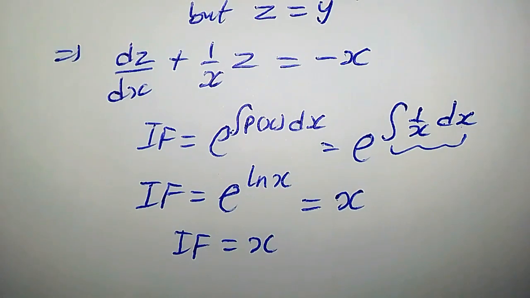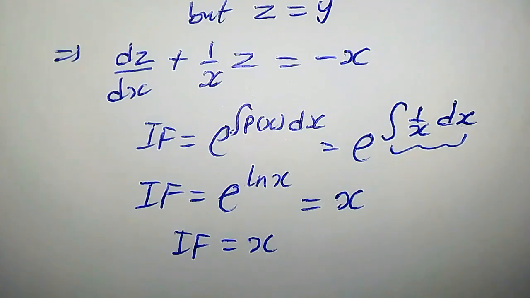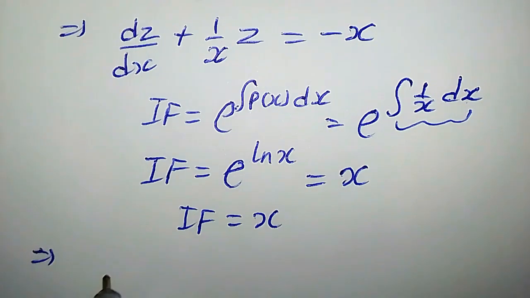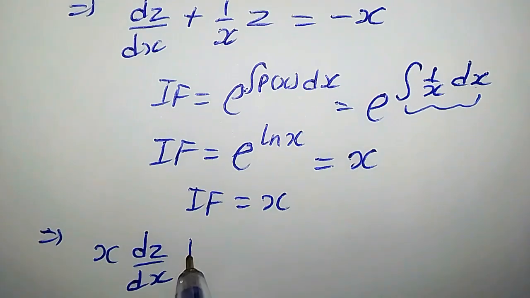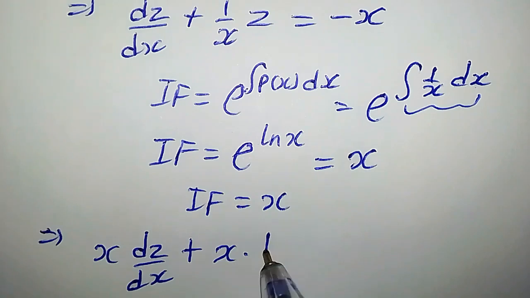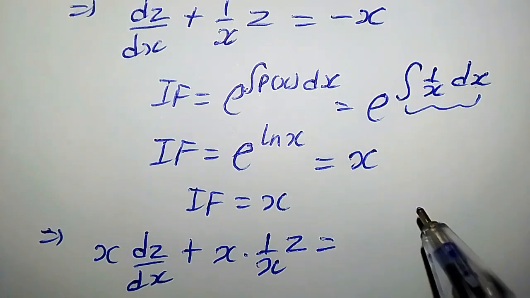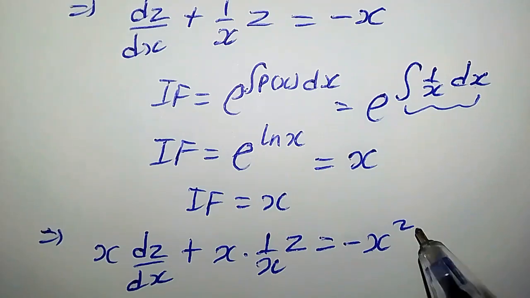The next thing is to multiply this equation by the integrating factor. So we have x times dz/dx plus x times 1 over x times z equal to x times minus x, that gives minus x squared.